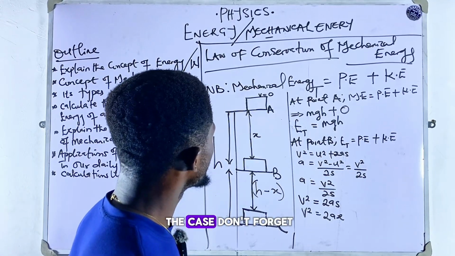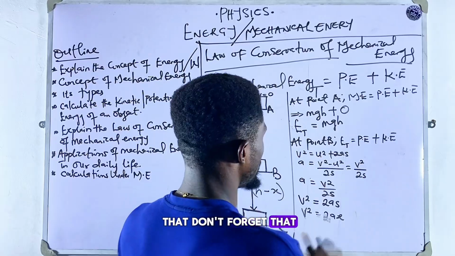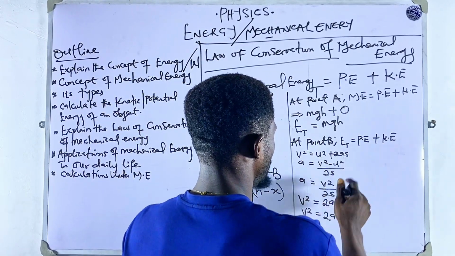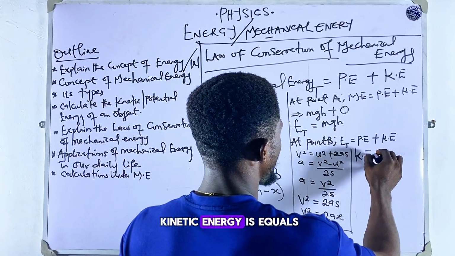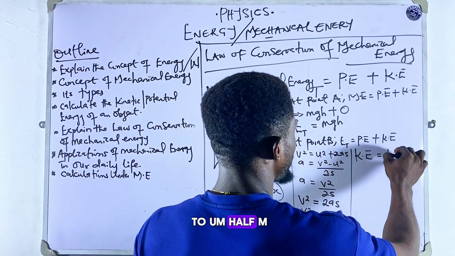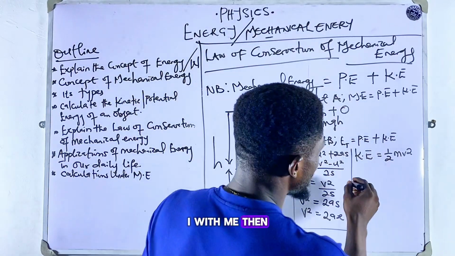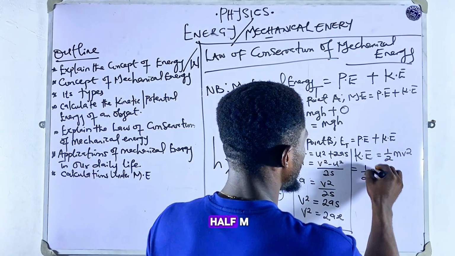So if this is the case, don't forget that our kinetic energy is equal to half mv squared. Are you with me? Then kinetic energy is equal to half m.